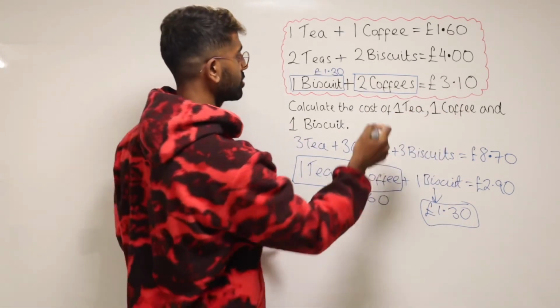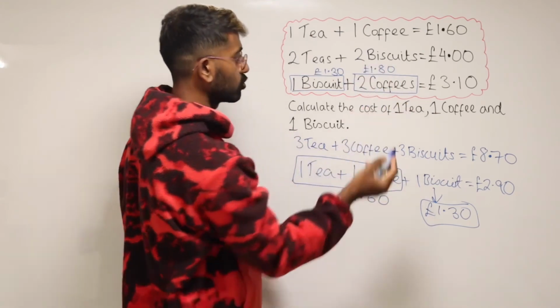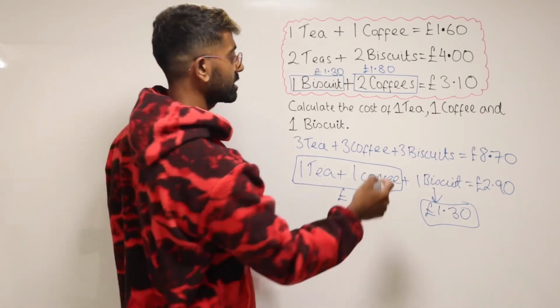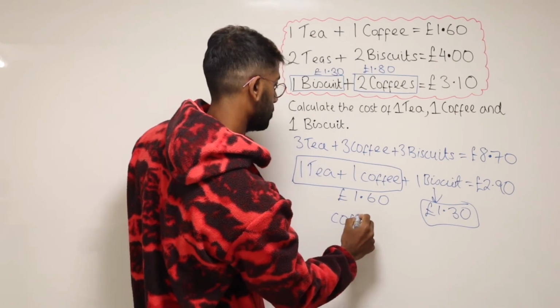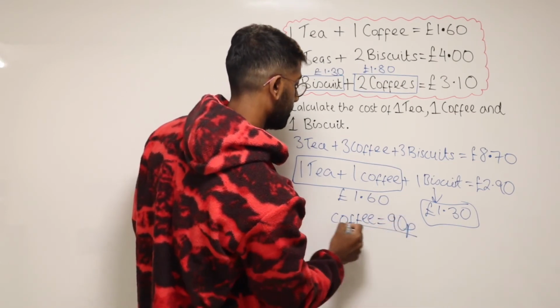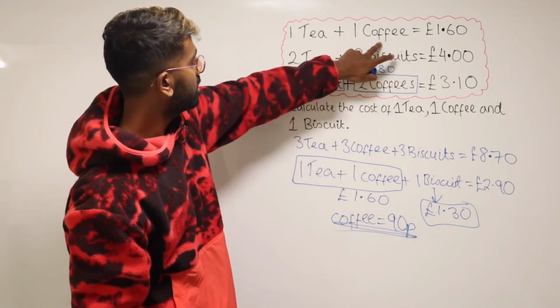And so that is going to be £1.80 for 2 coffees. And therefore 1 coffee, we'll just halve that, and that's going to be 90p. So I'll put coffee equals 90p.